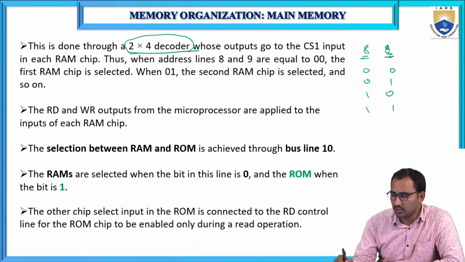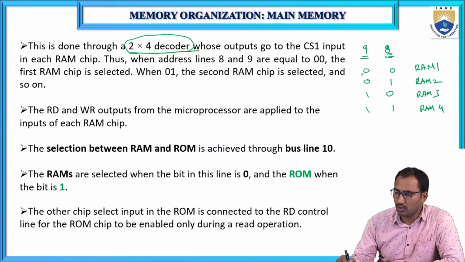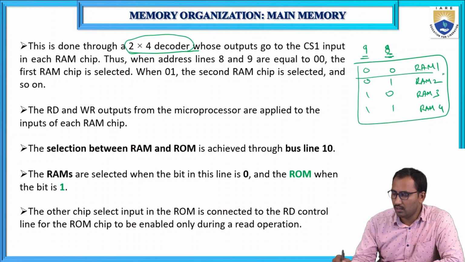Suppose this is 8 and this is 9. So this will select RAM 1, RAM 2, RAM 3 and RAM 4. In this way we are selecting the RAMs.